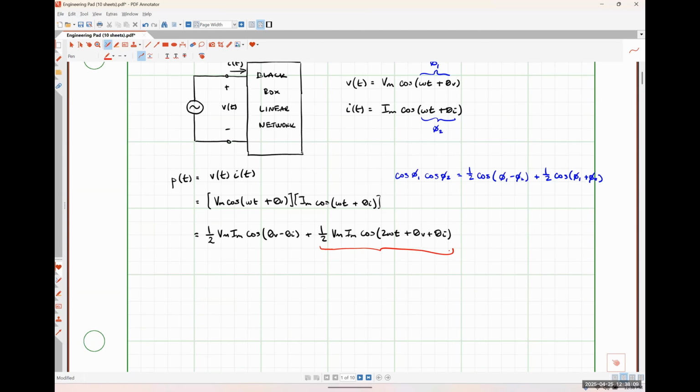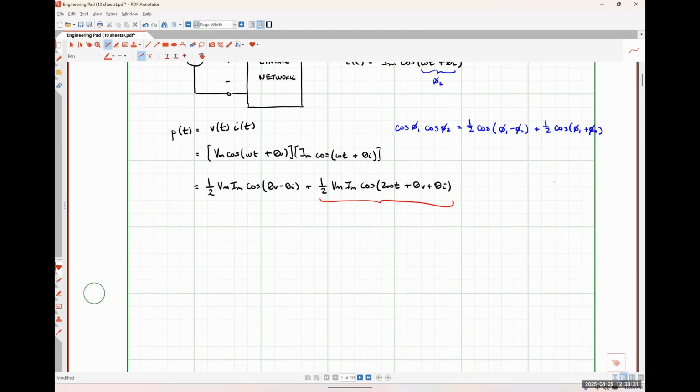But what's interesting is that the sinusoidally varying part of our instantaneous power is actually oscillating at twice the angular frequency of our current or voltage, okay? So our power is going to fluctuate twice as quickly as the input voltage or input current into our system, okay? So this is a twice omega AC power.